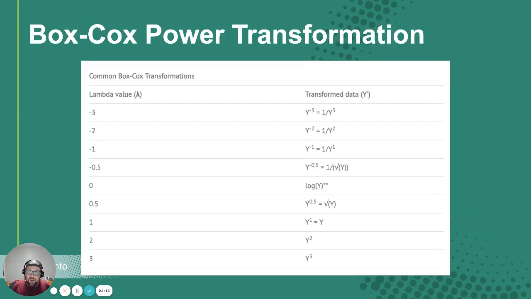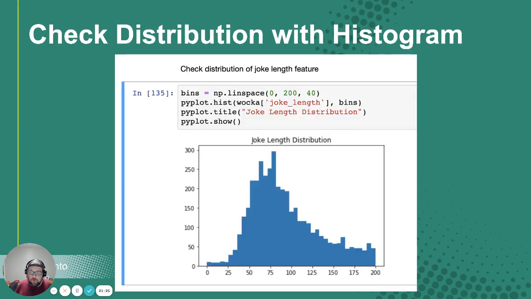This is just how to do it mathematically. You don't actually have to worry about this. The computer is going to do a lot of it for you, and we'll map it out graphically so you get a sense. So first we'll do this on the distribution of joke length, and we see what it looks like.